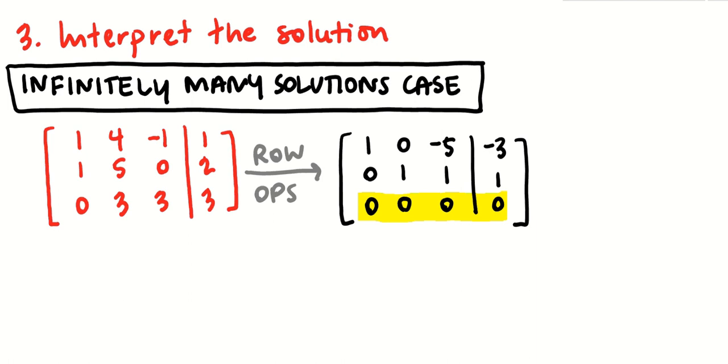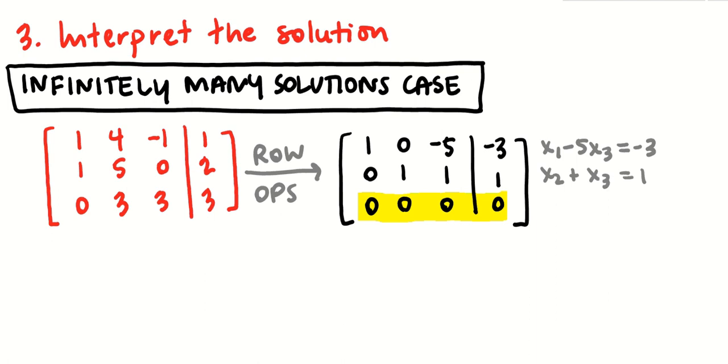The first thing you want to do is go over to the non-zero rows and unpackage what they are saying. So we're saying x1 plus 0 minus 5x3 equals -3, and x2 plus 1x3 is equal to 1.